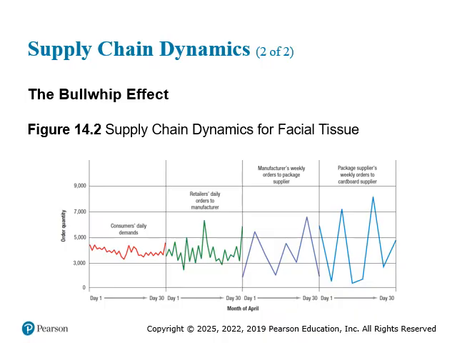So, what happens is consumers' daily demand for a product is relatively stable. If you think about it, this is describing facial tissue, and you would expect that in terms of the amount of facial tissue used in an area served by a given retailer, the daily usage would be more or less constant.